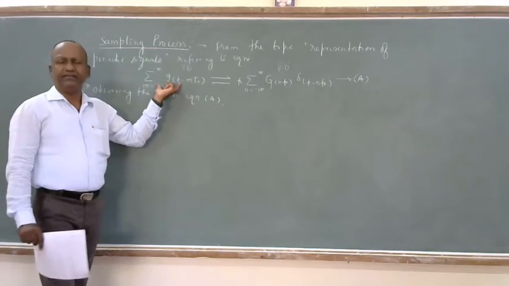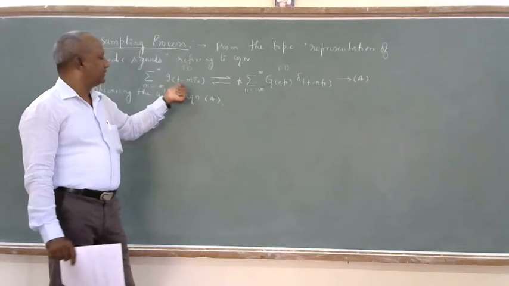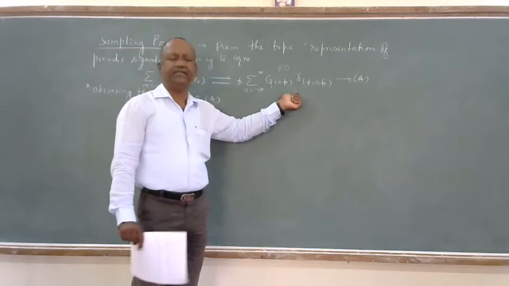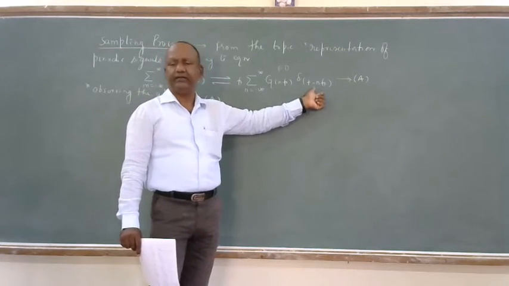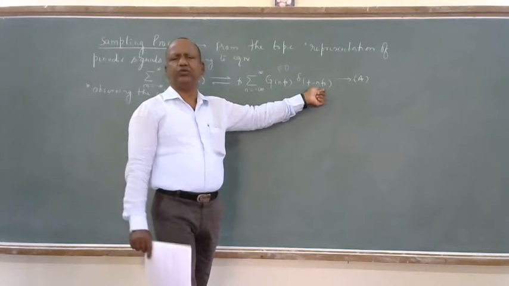Left hand side, simply it is a periodic signal. So in time domain it is a periodic signal, and in frequency domain it is in the form of an infinite sequence of delta functions occurring at integer multiples of the fundamental frequency f naught, which is equal to 1 by t naught.